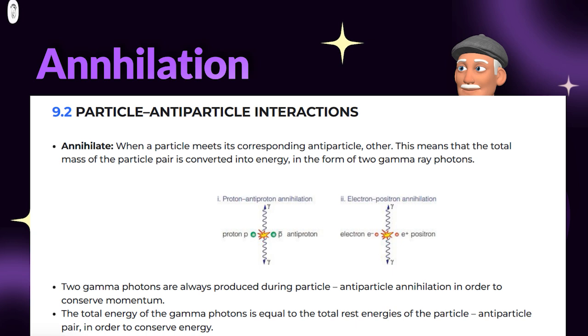Similarly, if an electron, which is a particle, and a positron, which is an antiparticle, interact with each other, which is called annihilation, they are going to emit two gamma photons. So remember, whenever there is a particle and antiparticle annihilation, there is an emission of two gamma photons. And the total energy of the gamma photons is equal to the total rest energies of the particles. Why is this so? In order to conserve energy.